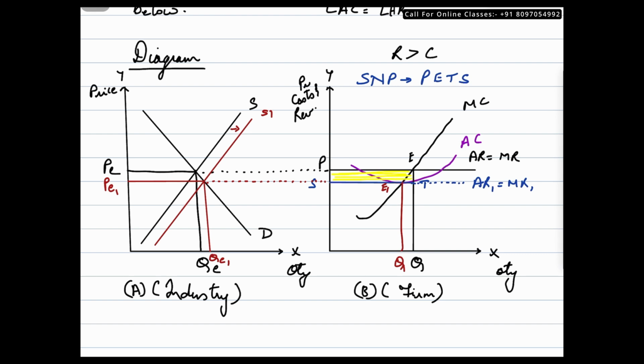So this is what long run normal profit looks like, and this is how firms would move on from earning supernormal profit to normal profits.